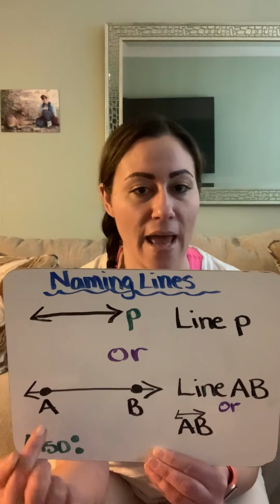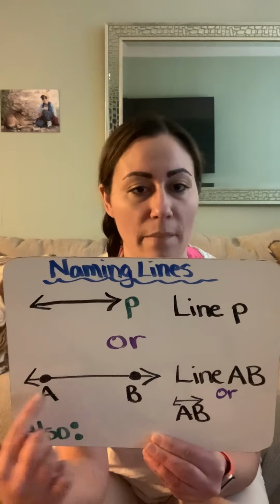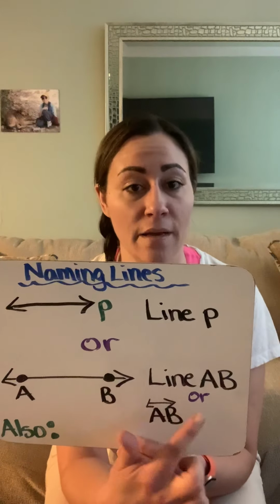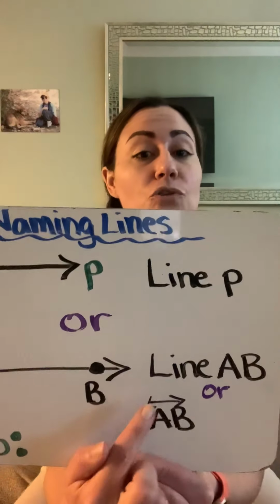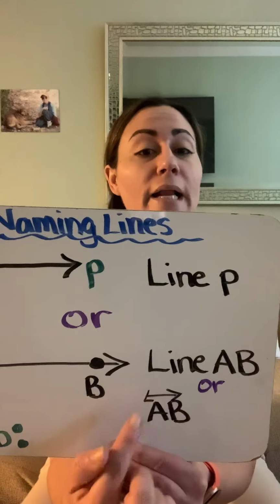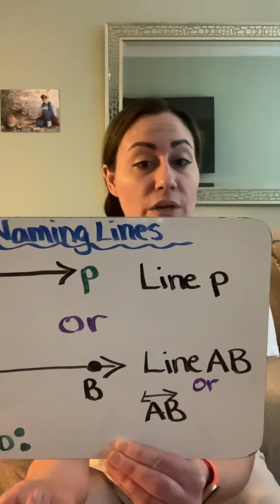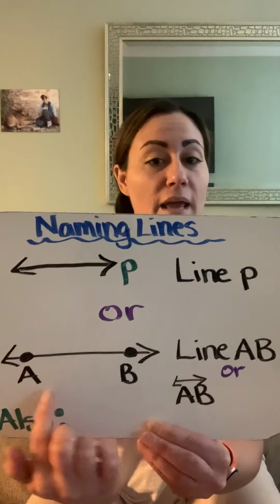I could write A and B. So here's point A, here's point B on my line. And then I can name it line AB, or I can draw a small line above and write AB underneath. Those are 2 ways that you can write the name of a line.